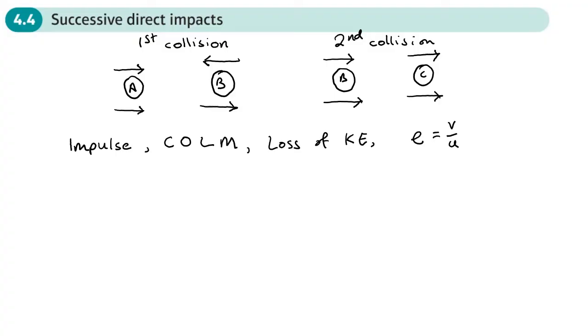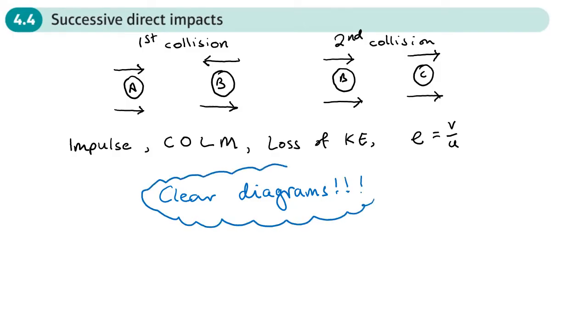But the key to this has got to be drawing clear diagrams, showing clearly what's going on so that you understand it, and as you work things out, label them. Label your diagrams with masses, with velocities, all that type of thing. Make sure you're clear about which direction you're choosing as positive as well, because you don't want that to cause confusion.